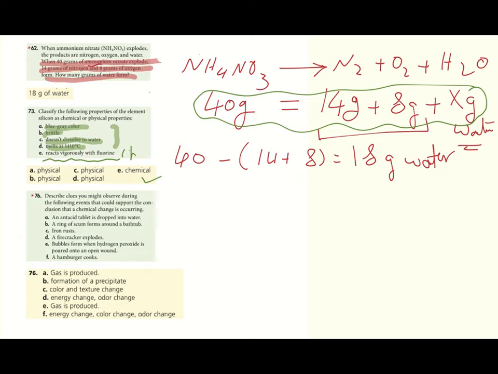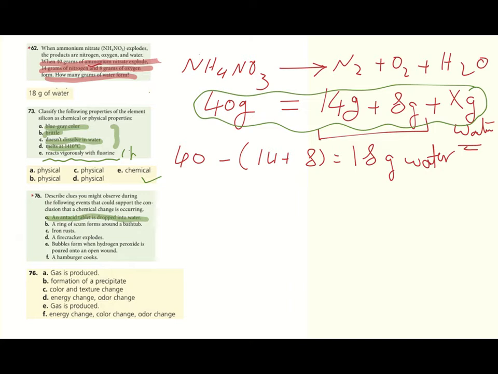Next, describe clues you might observe during the following event that could support the conclusion that a chemical change is occurring. An antacid tablet is dropped into water. Antacids are tablets, medicine, which is taken if you have an acidic stomach.